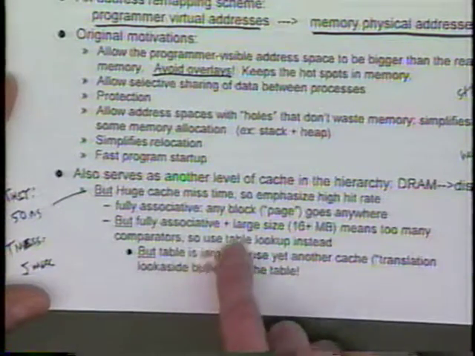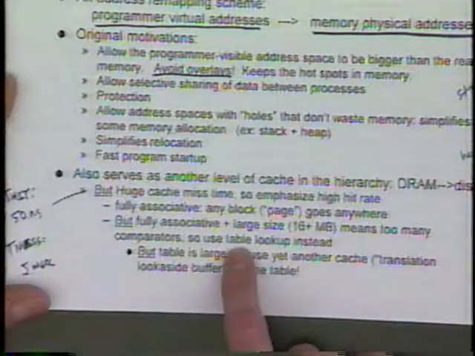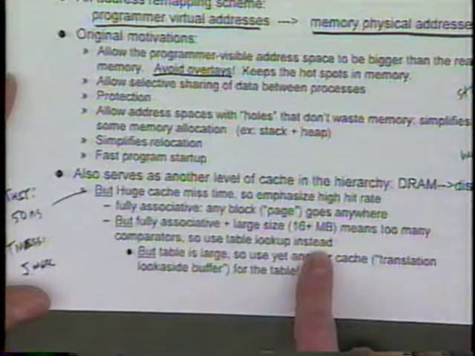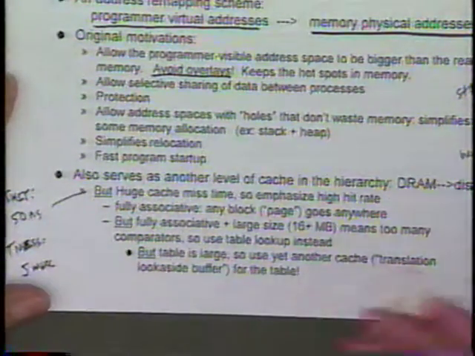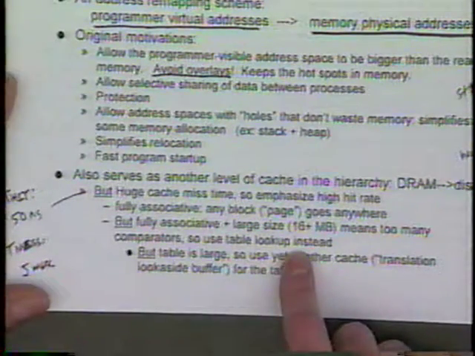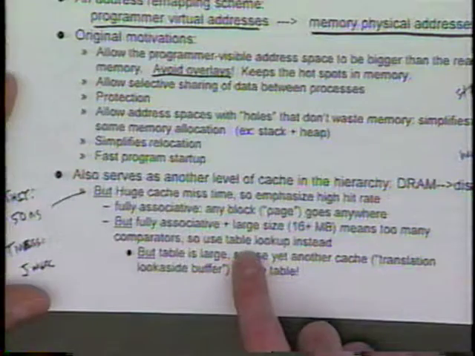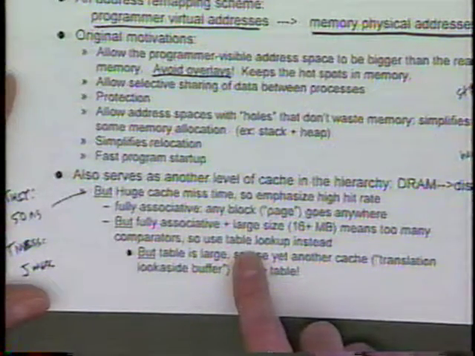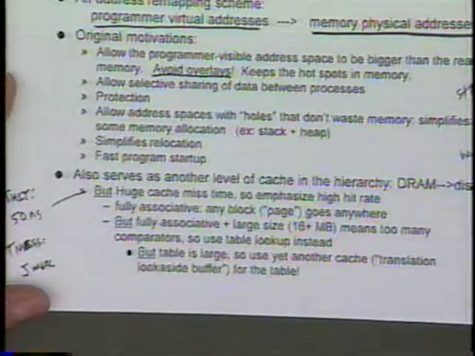So instead, we switch to a different technique for doing references to the fully associative cache, which is a table lookup. Rather than doing a comparator for every possible physical address in the cache, you have a table that represents every possible virtual address, and it tells you whether or not it's in physical memory. So there are essentially no comparators required at all. You turned it into a gigantic lookup table.